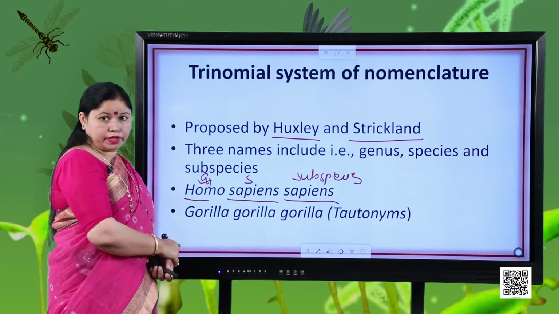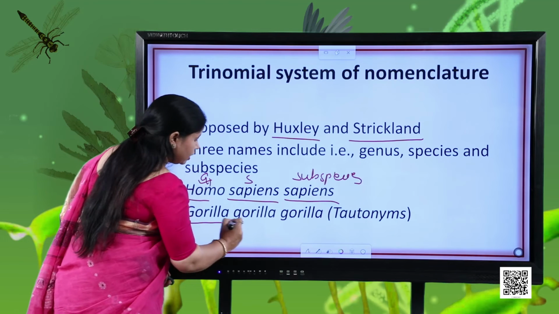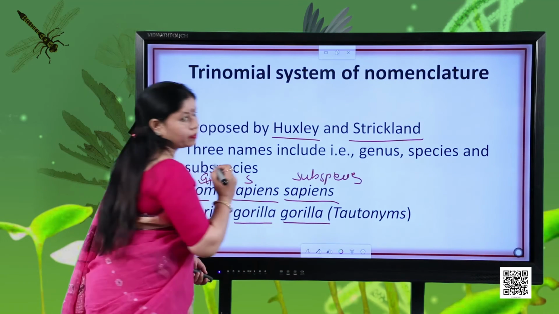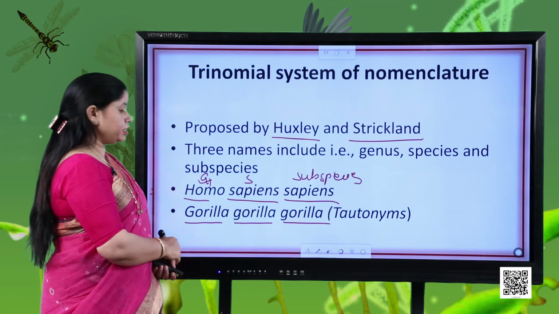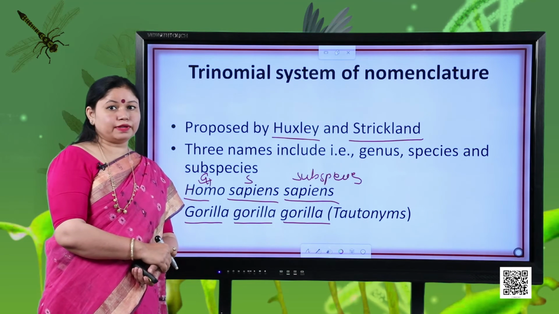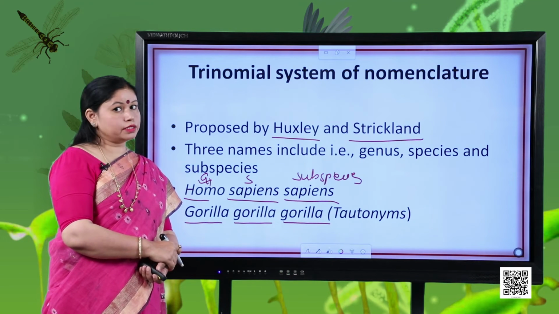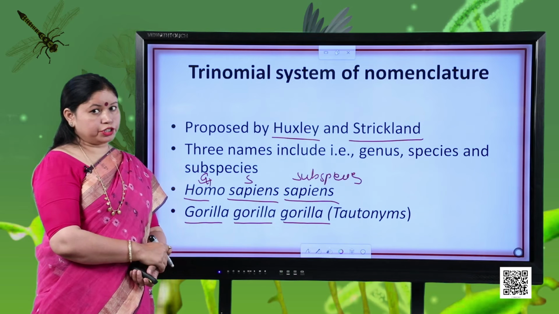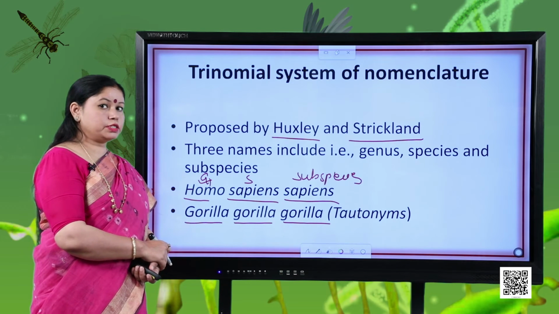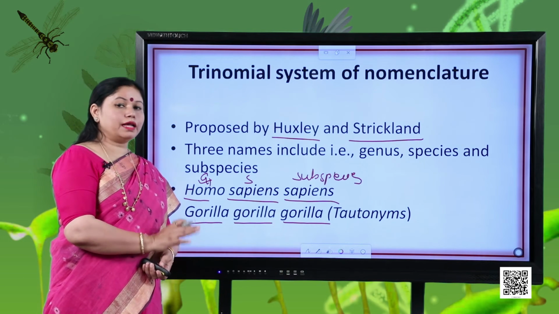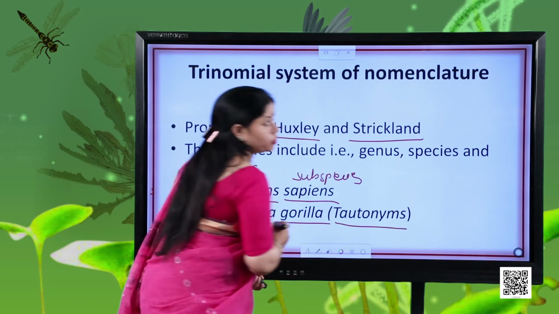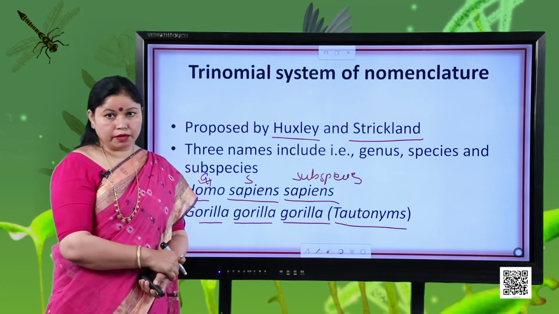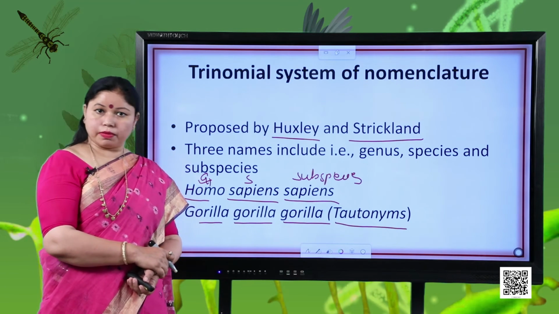Another example is Gorilla gorilla gorilla. You might note that the genus, species as well as subspecies are the same name. Such biological names where genus, species and subspecies are all the same are called tautonyms. Tautonyms are accepted in case of animals but not in case of plants.